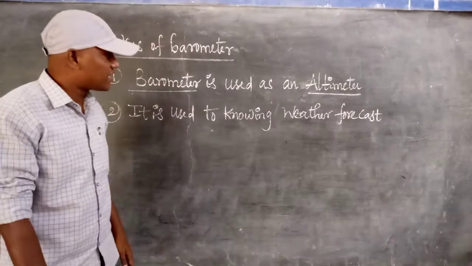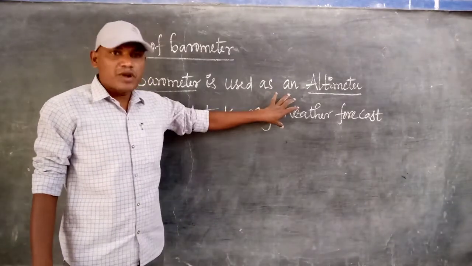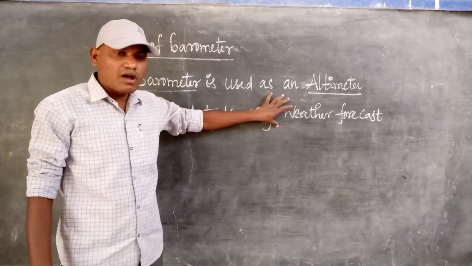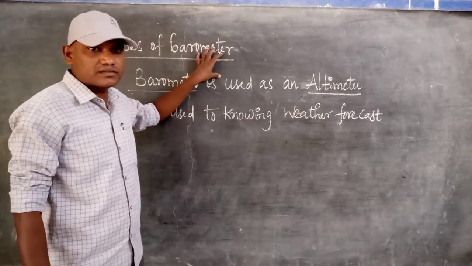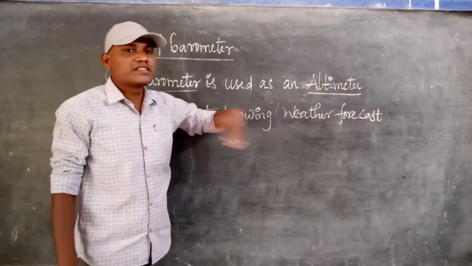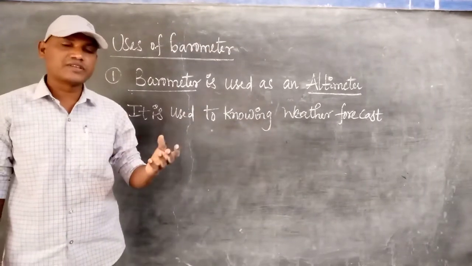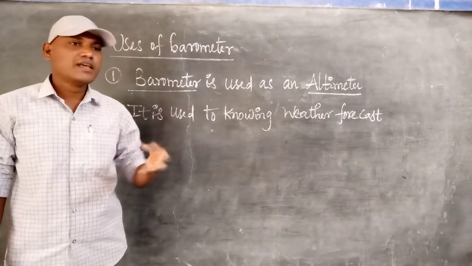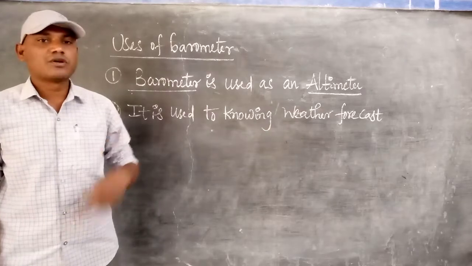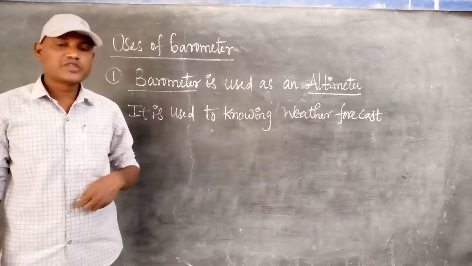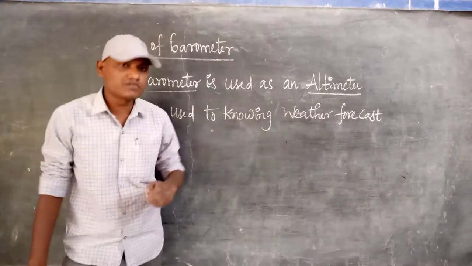That's why I said very clearly, the meteorological department uses the barometer, and with the help of that they give the weather forecast on TVs and news channels. We observe it in newspapers too. Even in our smartphones there is a weather app.